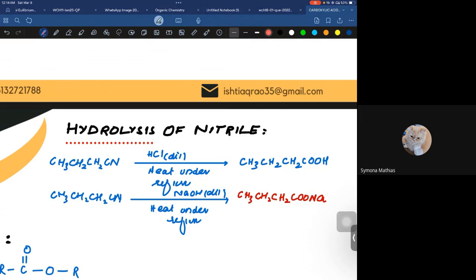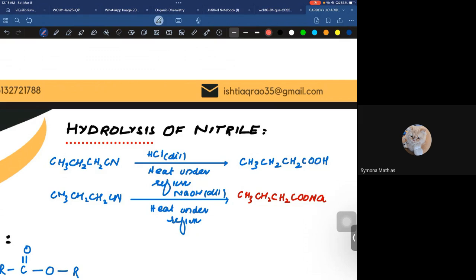So we can hydrolyze this nitrile compound by the reaction of acid, aqueous HCl, and heat under reflux. So when you add a few drops of HCl and start to provide heat under reflux, then you will be getting your carboxylic acid.